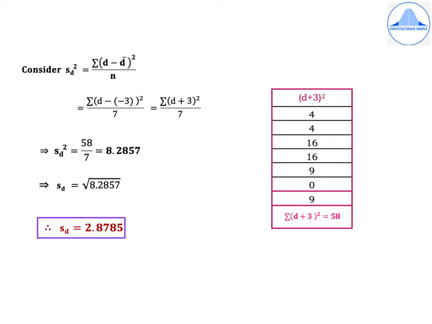Substituting in SD square, we get 58 divided by 7, which is equal to 8.2857, which implies SD is equal to root of 8.2857, or SD is 2.8785.